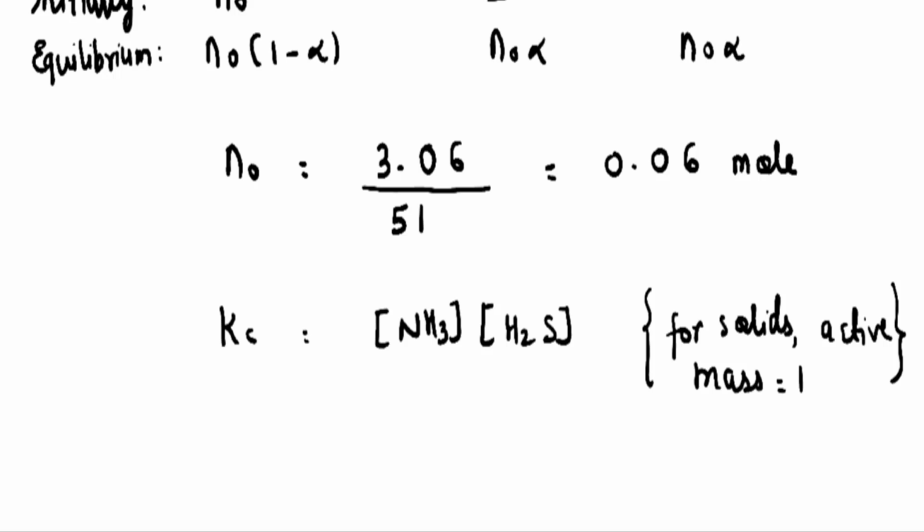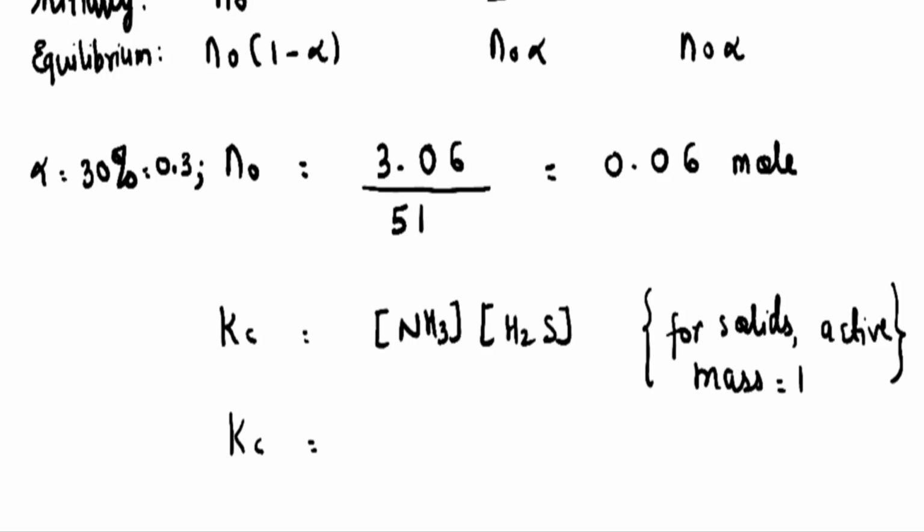On substituting the values, concentration of NH3 will be moles upon volume, so moles will be N0 alpha. Here we are given alpha equal to 30%, that means 0.3, because we are given that 30% of the solid decomposes.